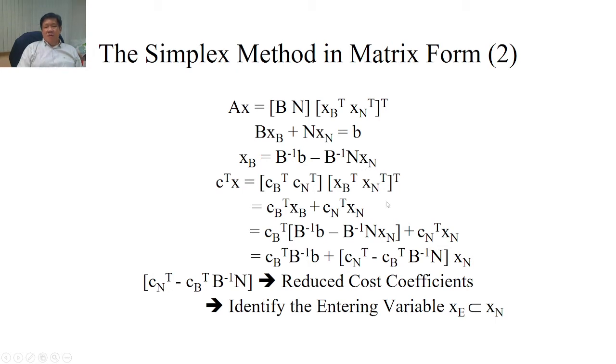But once you write this in a general form, the reason why we call this a reduced cost coefficient is that at this moment all x sub n are equal to 0.